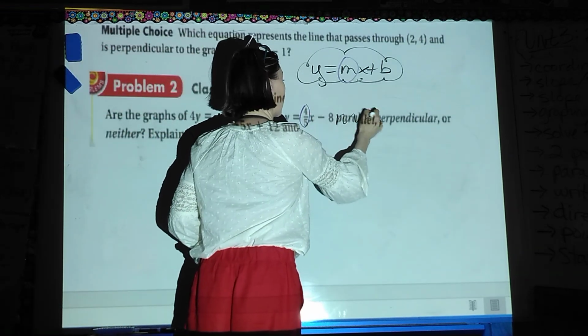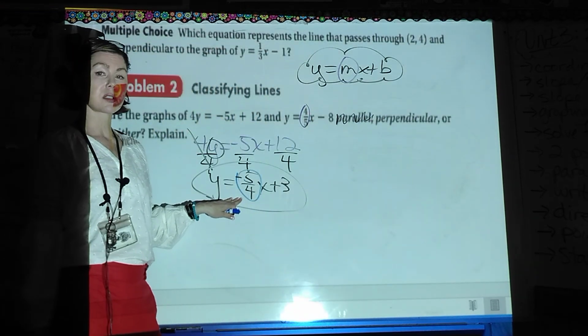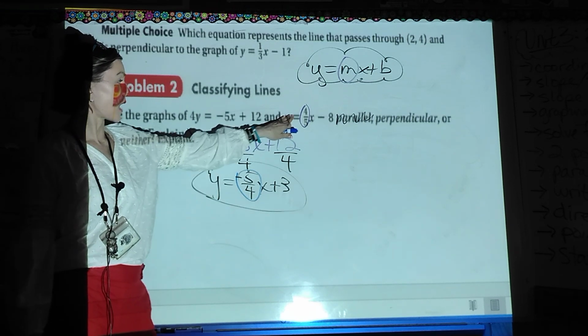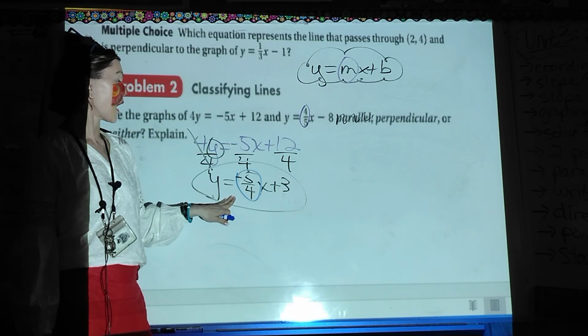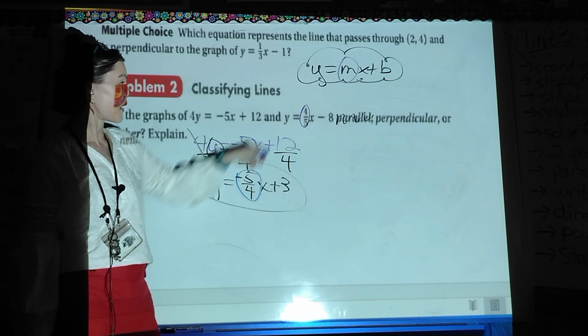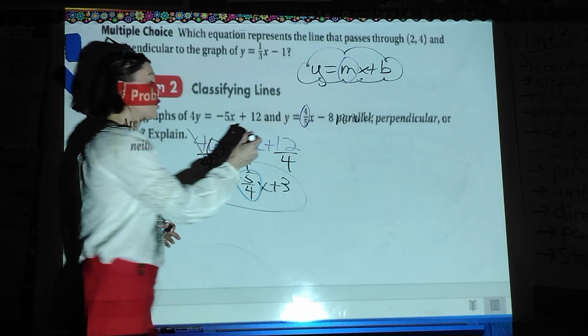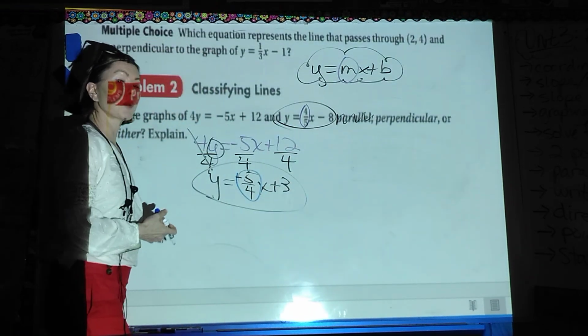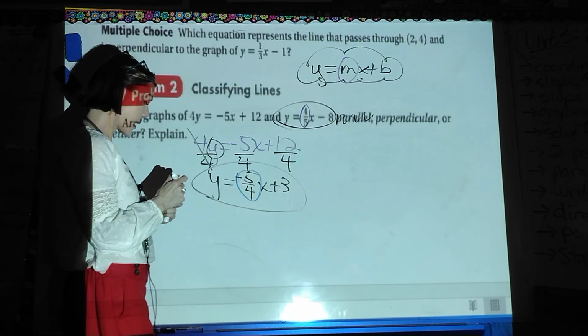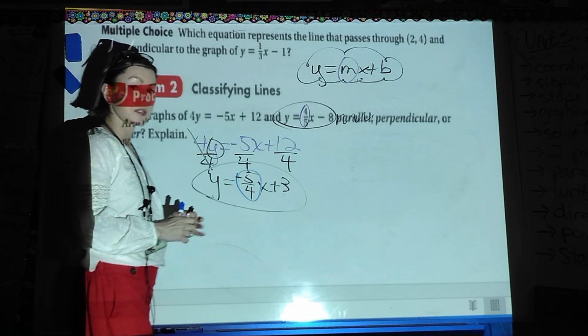Are these opposite reciprocals of each other? Well, one is positive, one is negative, and then this is 5/4, and this is 4/5. So yes, these two lines are perpendicular to each other. And that is parallel and perpendicular lines.